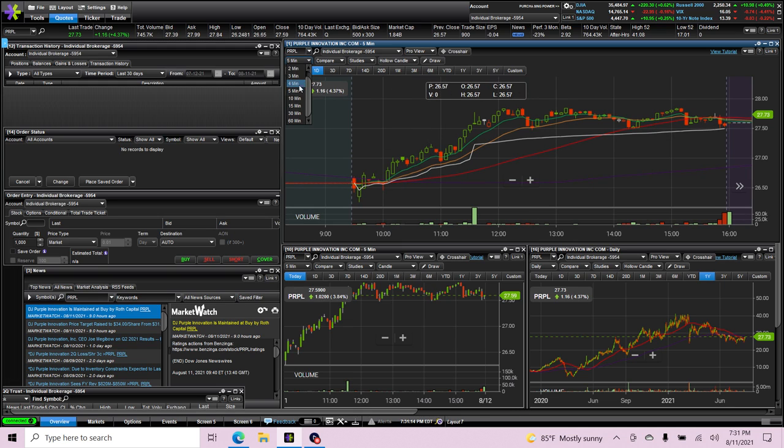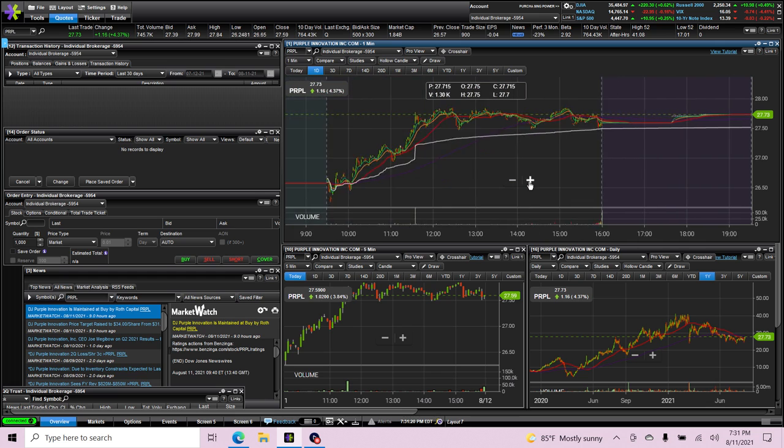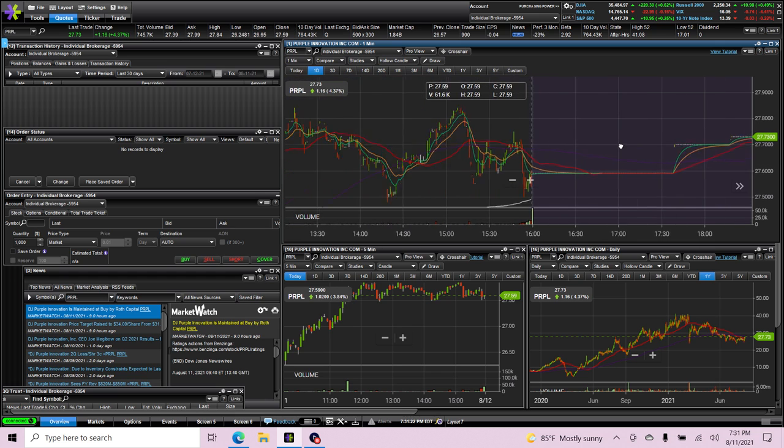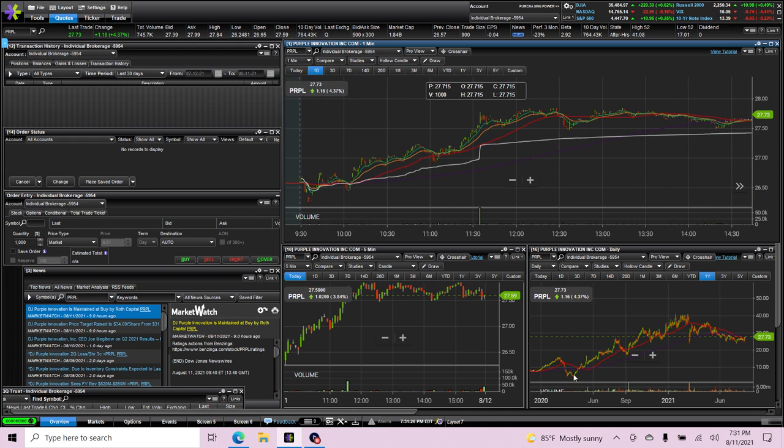And I'll go back to the 1 minute, so it's gonna get aggravating going back and forth. Okay, so for the 200, I would normally use the daily chart down here. It respects the 200 really well. The moving averages, they sort of act as like a support and resistance.